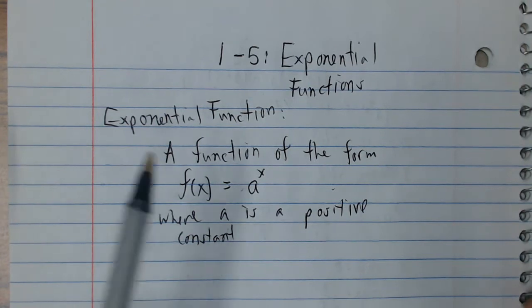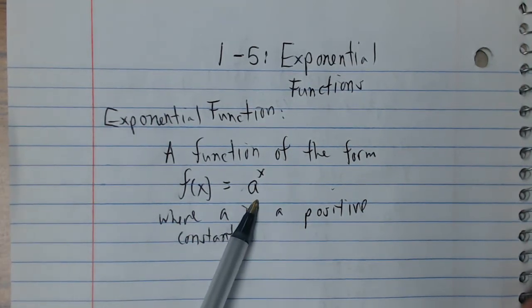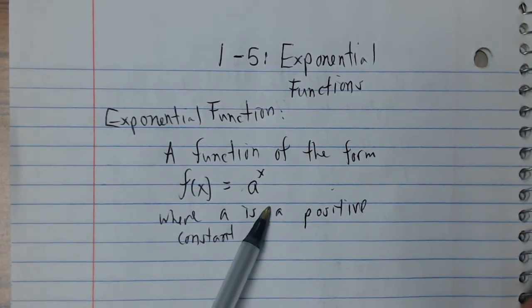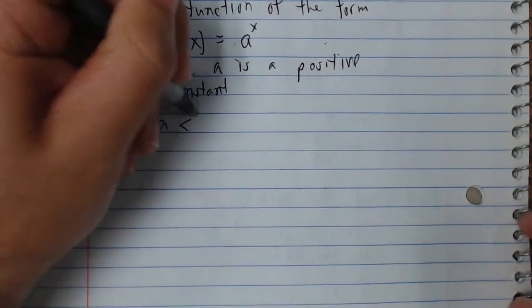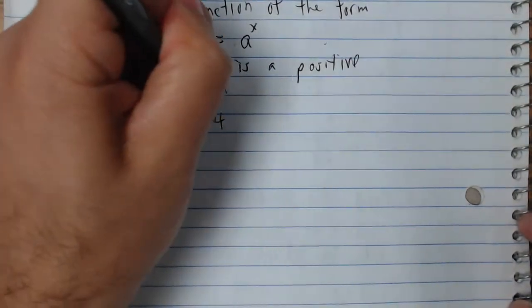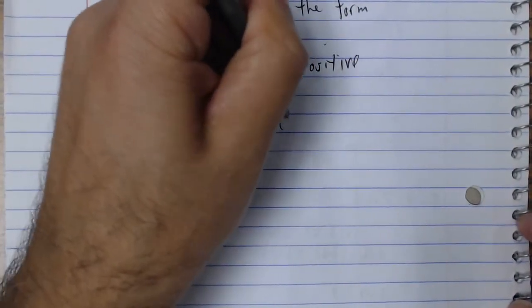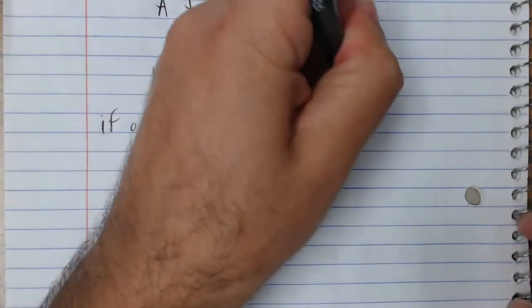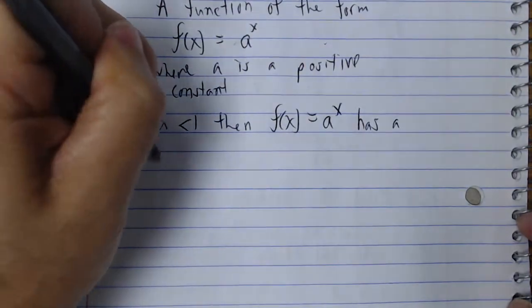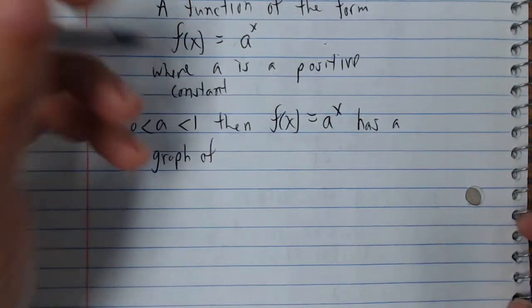So now the question is, what happens to my exponential function when the value of a changes? There are actually three things to consider. The third case is not that interesting, but the first case is if a is between 0 and 1, how does my graph look? Then f of x equals a to the power of x has a graph of the following.